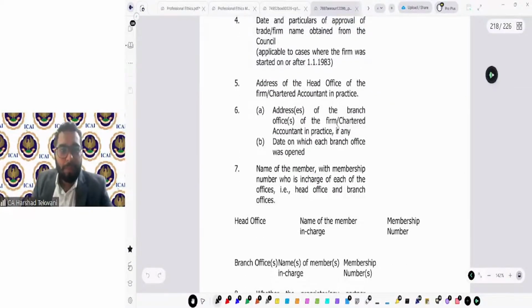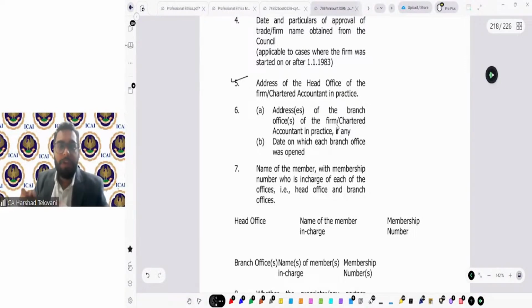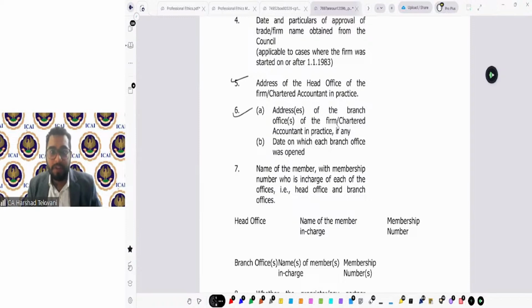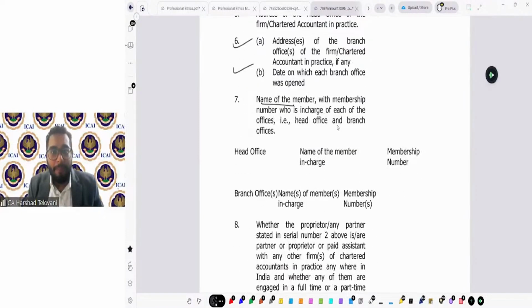You are required to provide details of the head office, addresses of branch offices, the date when each branch office was opened, and the name of the member with membership number who is in charge of each office, head office and branch offices.